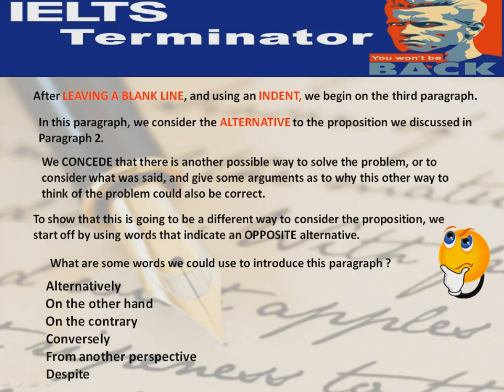Perhaps we could start our next paragraph with words like alternatively, on the other hand, on the contrary, conversely, from another perspective, despite, and so on. There are many more.